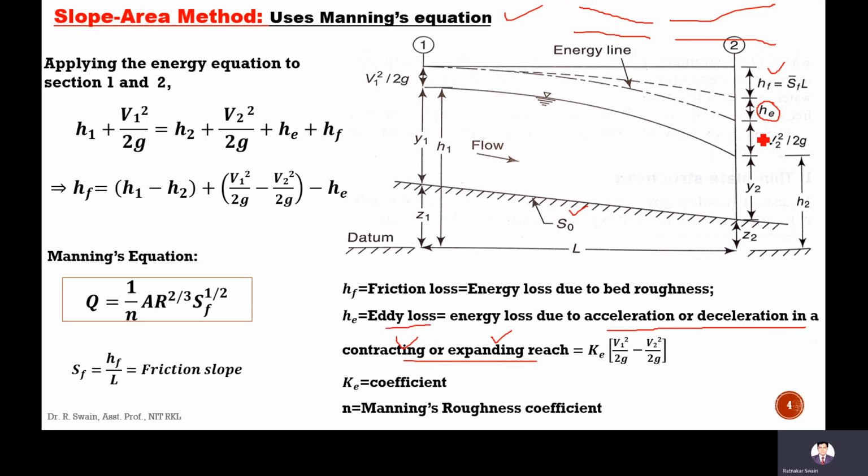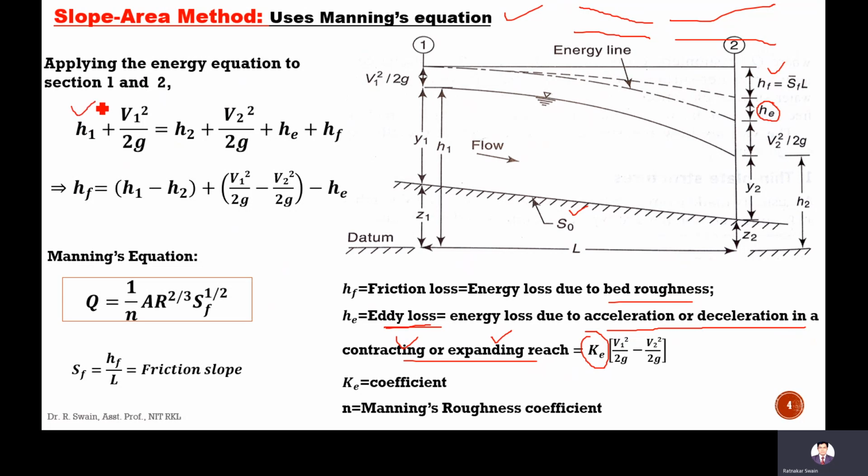So there can be two losses: one is friction loss, due to bed roughness, and another is eddy loss. The eddy loss can be expressed as K, a coefficient, times V1 square by 2g minus V2 square by 2g, that is K times the difference of kinetic head from section 1 to section 2.